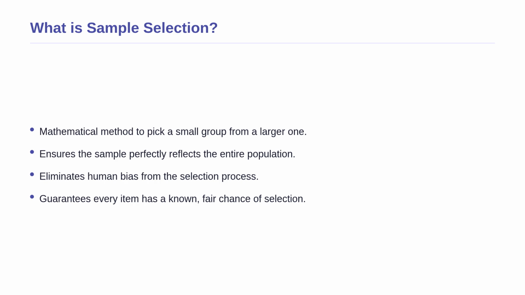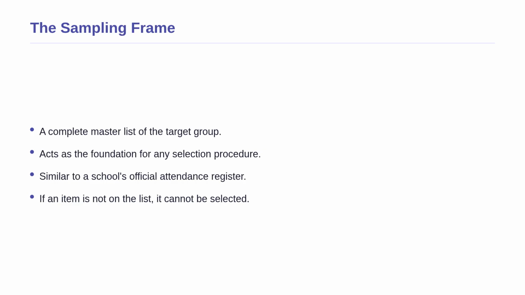If a teacher just picks students sitting in the front row, the sample is flawed and unrepresentative. A proper mathematical procedure eliminates this human bias entirely, guaranteeing that every single item or person has a known, fair chance of being chosen.